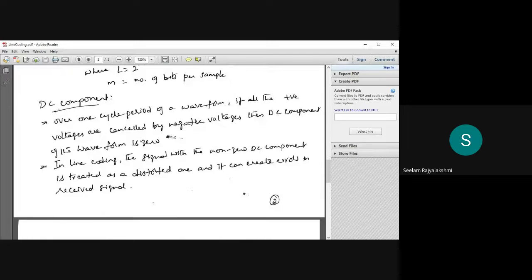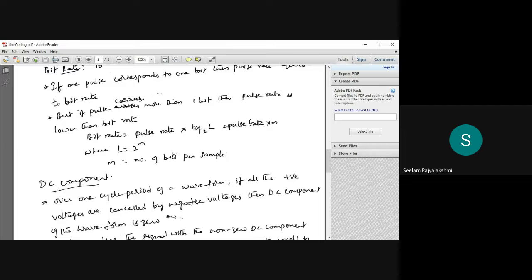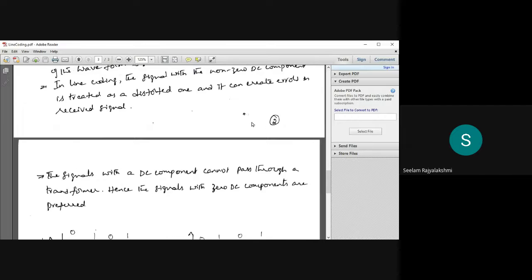Now let us see the DC component. What is the DC component? Over one cycle period of a waveform, if all the positive voltages are cancelled by negative voltages, then the DC component of the waveform is 0.